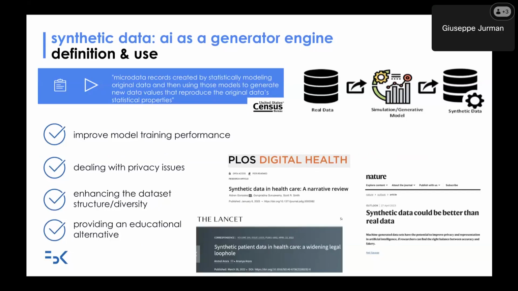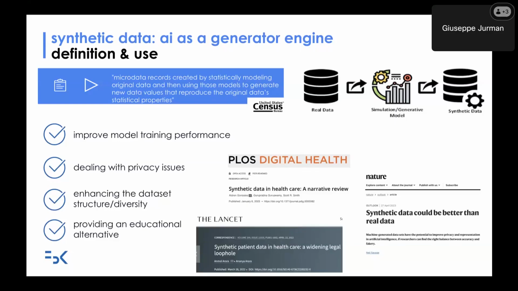The idea clearly to substitute all these oldest statistical methods is to use the generating models coming from the AI as we know them, okay?